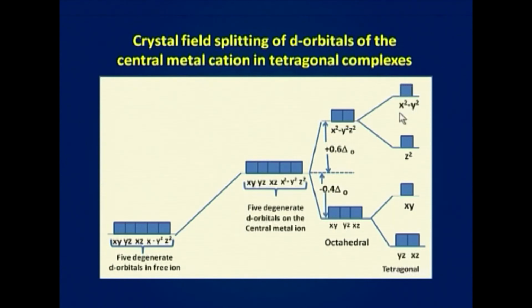Here you can also see that the energy of the orbitals in the xy plane, that is dx square minus y square and dxy, increases, and the energy of the orbitals in the yz or xz planes, that is dyz and dxz, and also of dz square, decreases.